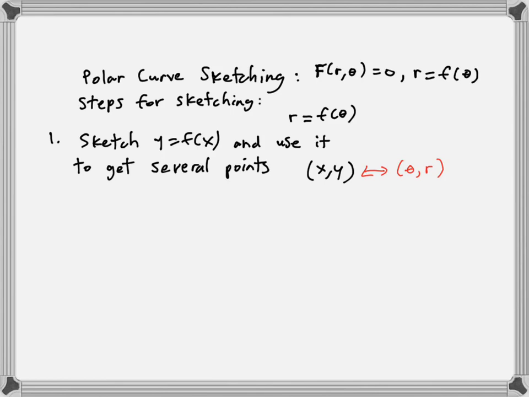Because what we're doing is replacing r equals f of theta with y equals f of x. Essentially we're replacing all the thetas with x's and all the r's with y's, and we use it to get a lot of points. But those are really polar points.